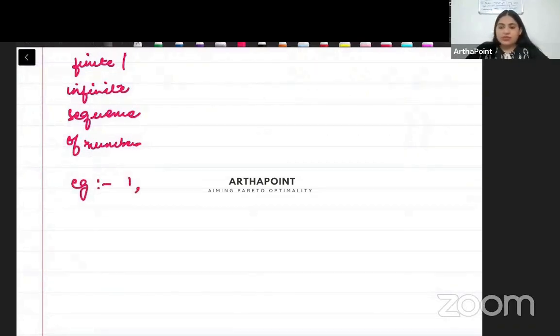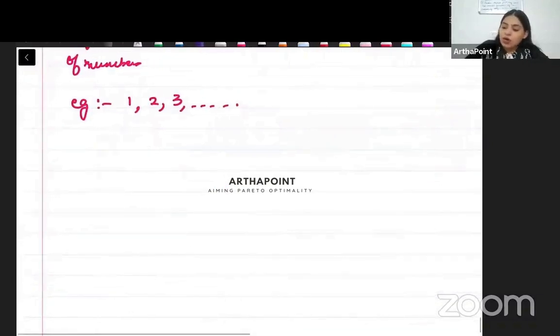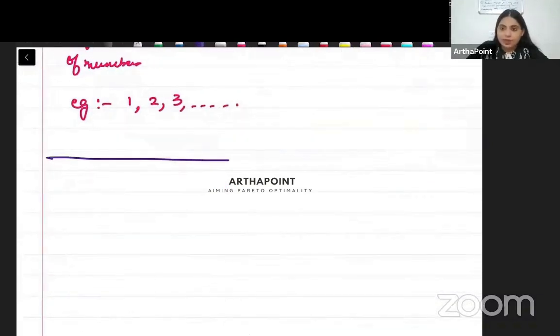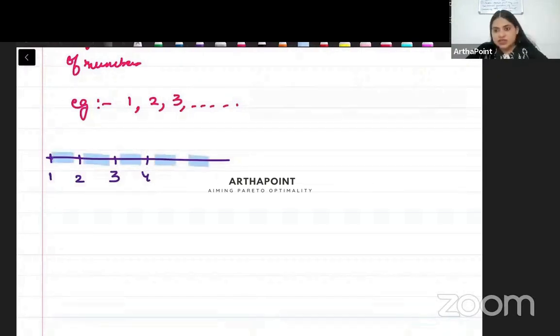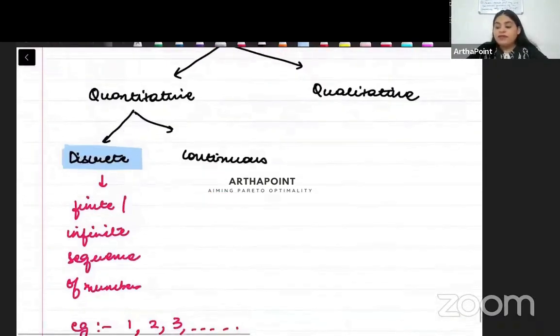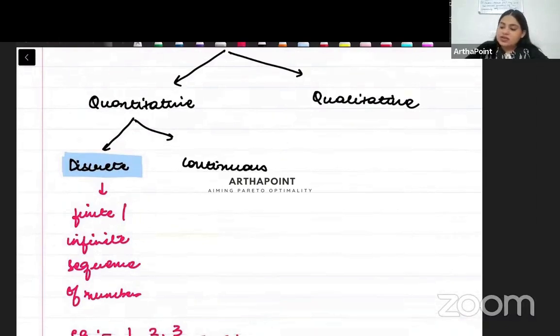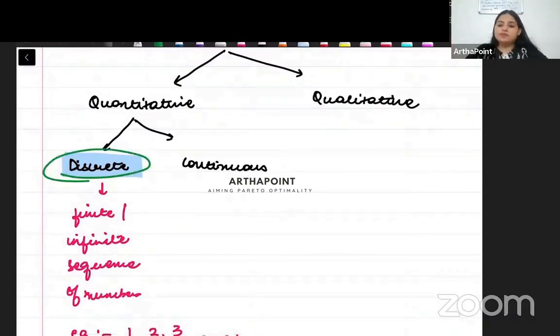Rank can be either first or second or third and so on. There cannot be any number in between. I cannot have continuity achieved. So when I talk about my number line, I will either have 1 or 2 or 3 or 4 and so on. You are not including what is coming in between 1, 2, 3, 4, 5, 6 and so on. So when you have it like that, that is called discrete.